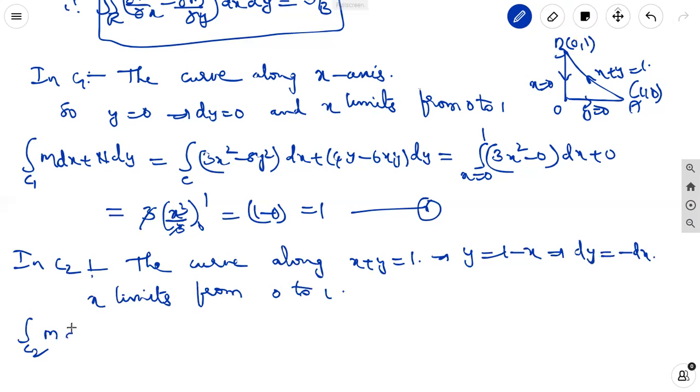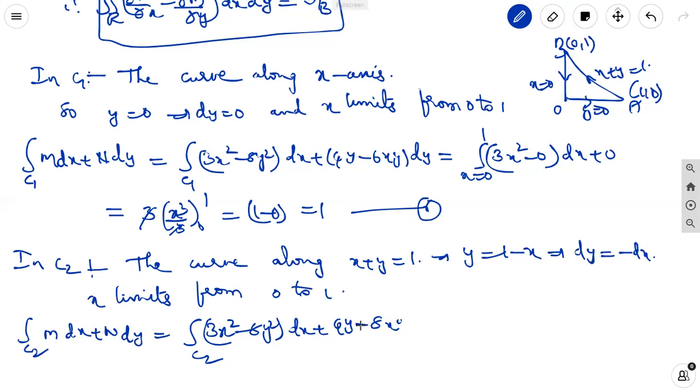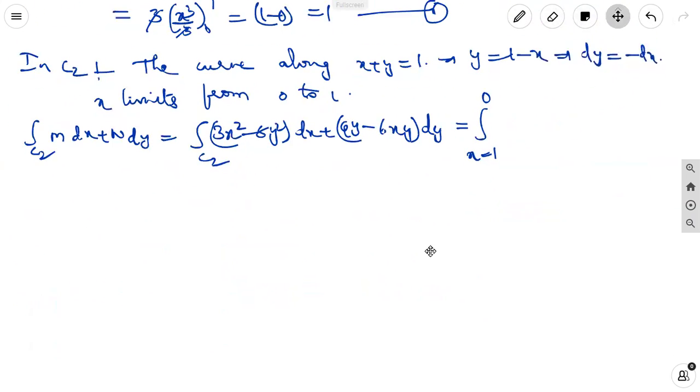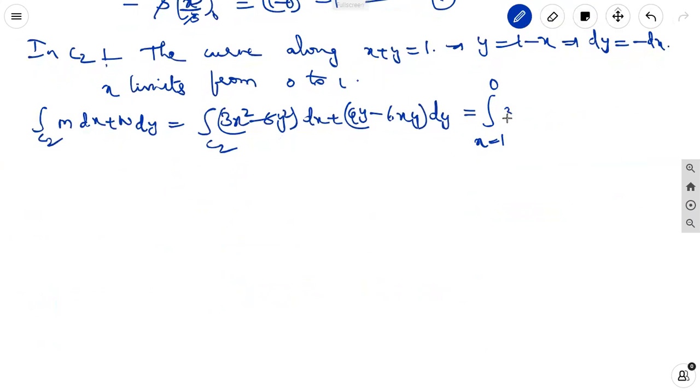So the integral over C2 of M dx plus N dy is the integral of (3x square minus 8y square) dx plus (4y minus 6xy) dy, which is the integral from 1 to 0 of (3x square minus 8 times (1 minus x) whole square) dx plus (4 minus 6x) times (1 minus x) into minus dx.